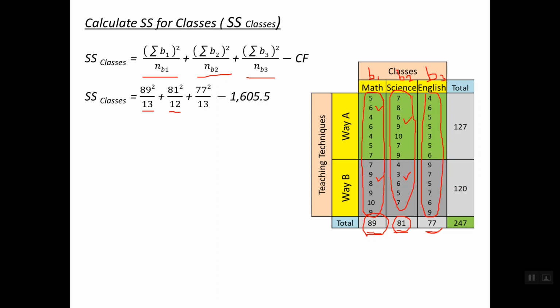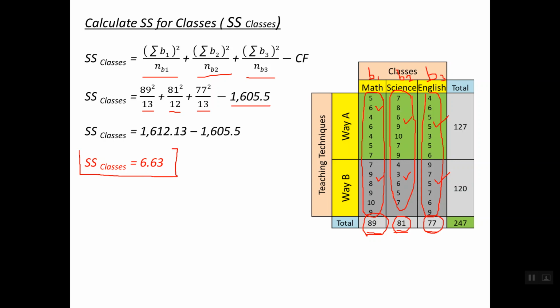For the third level, which is B3, the total is 77. So we square the 77, and regarding the number of observations, here we have 7 and here we have 6, so the total is 13, and this is the value of the correction factor. So now you can simply get the result. The SS for the second factor, which is the classes, is equal to 6.63.